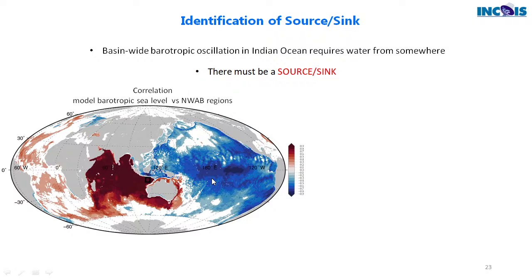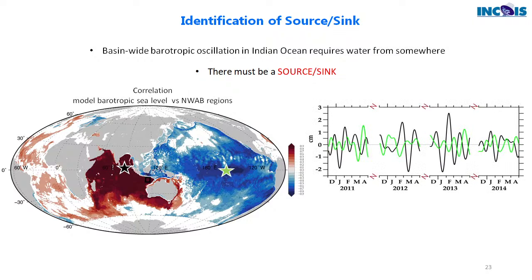Is it really happening, or is this an artifact? This was validated using a BPR, a bottom pressure recorder, which sits in the Pacific Ocean. We compared the Bay of Bengal BPR and another BPR from the Pacific Ocean. This is a time series of these two BPRs from 2011 to 2014, only during December to April.